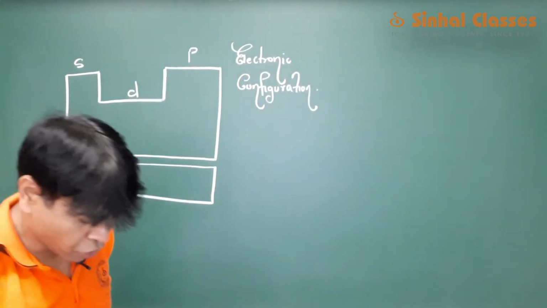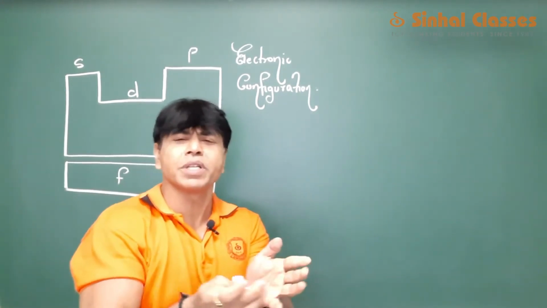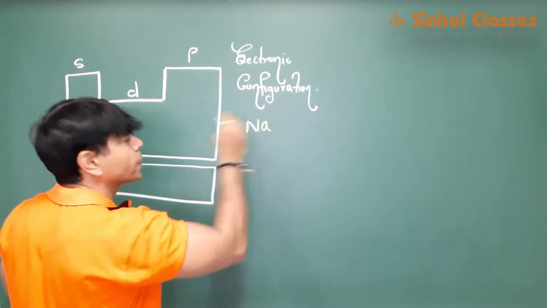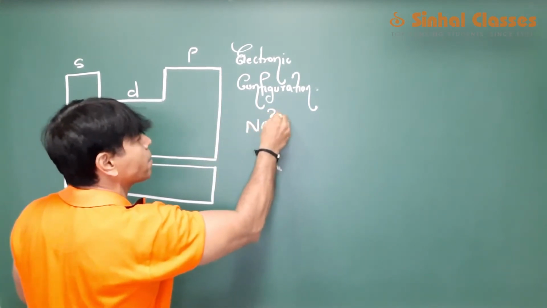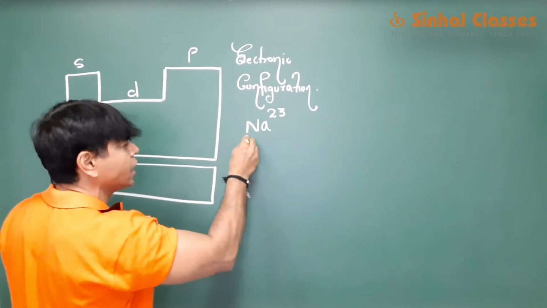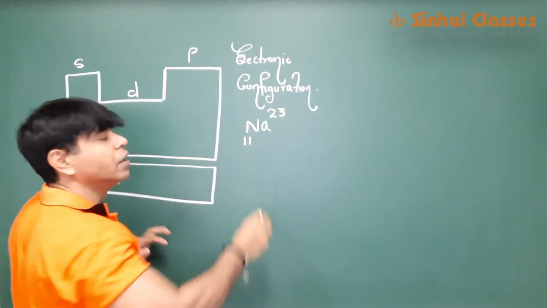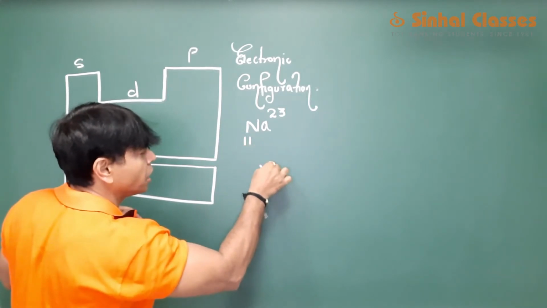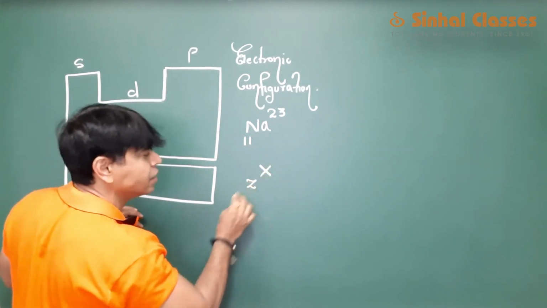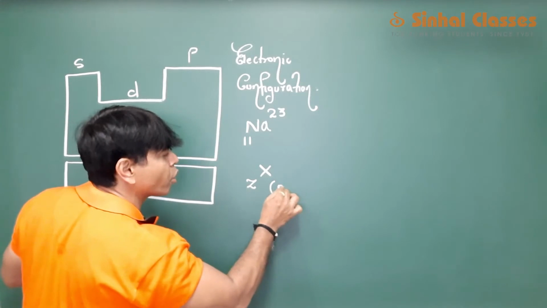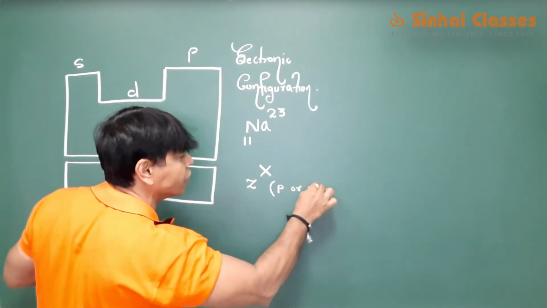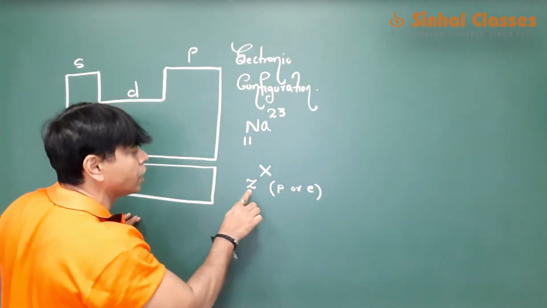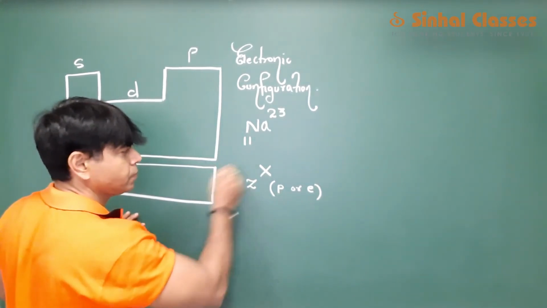Now this electronic configuration, you must have learned in your schools. For example, take sodium having atomic mass number 23 and atomic number 11. Atomic number is given by the symbol Z, which is nothing else but the number of protons or electrons.